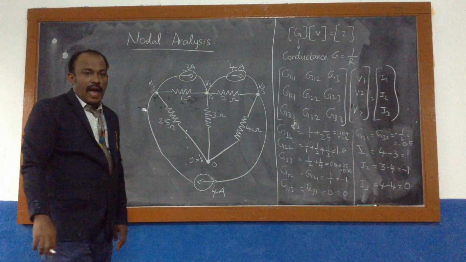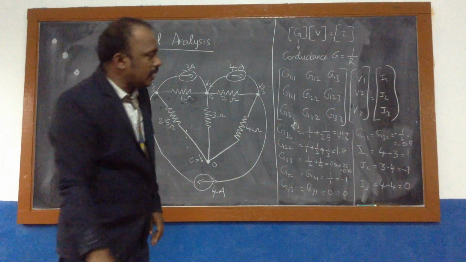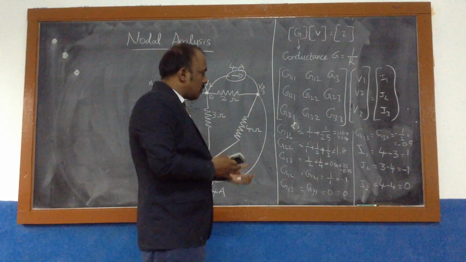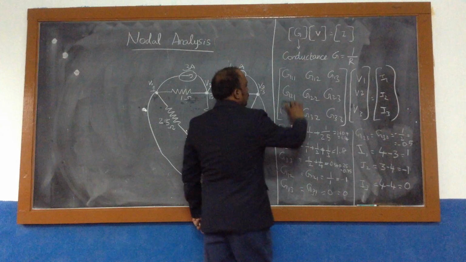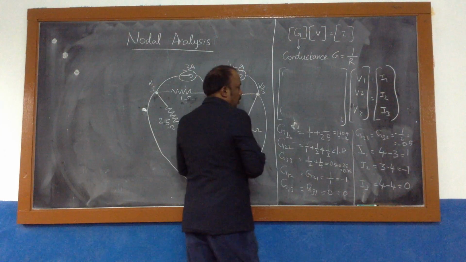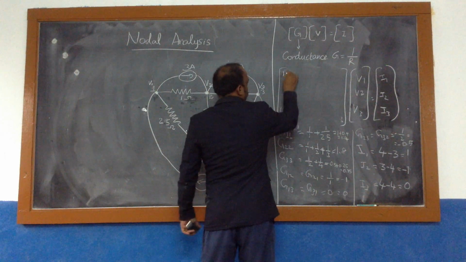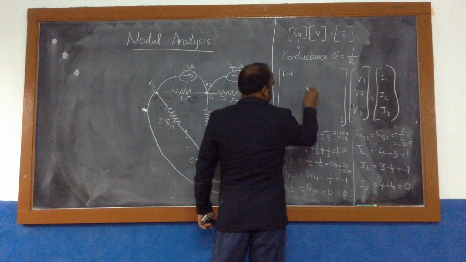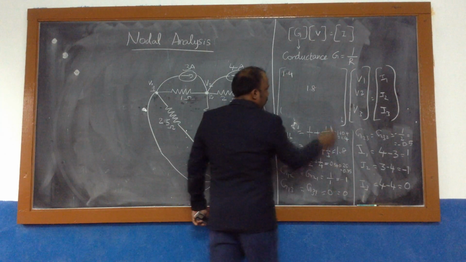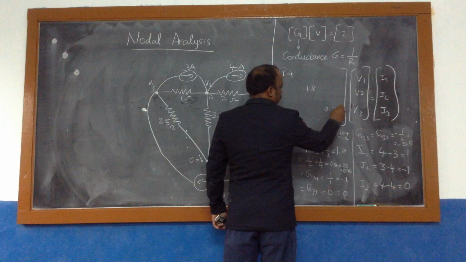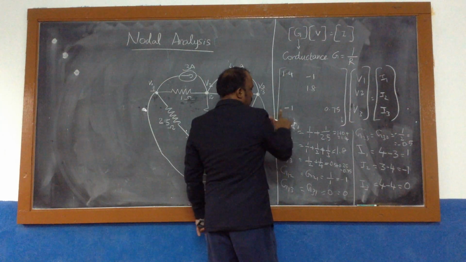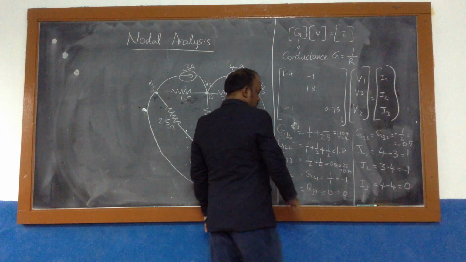Now we know the values of all the elements except the unknown voltage values. Put all these values in the matrix equation. We know that value: 1.4, 1.8, 0.75. Remaining values -1, -1, 0.